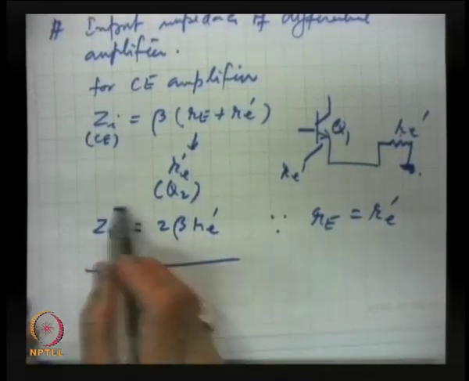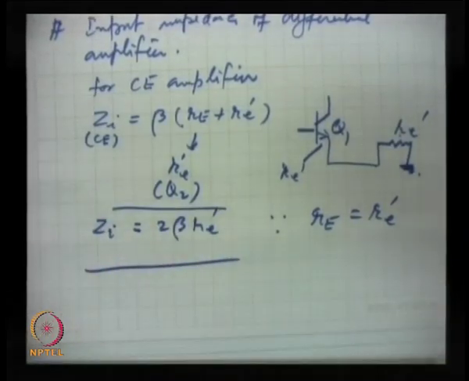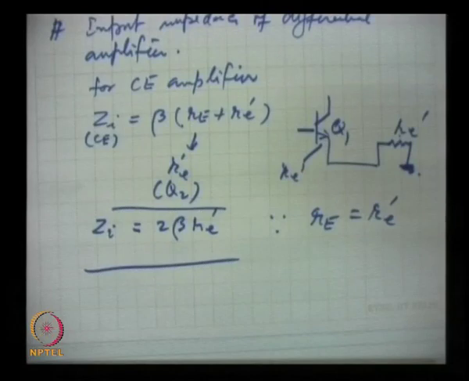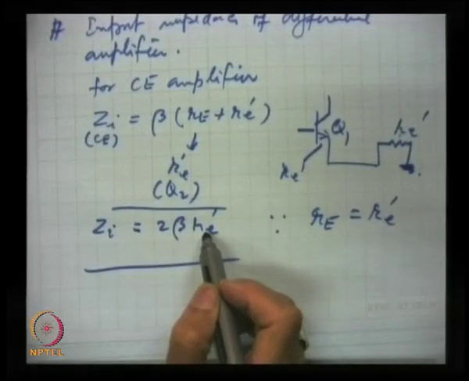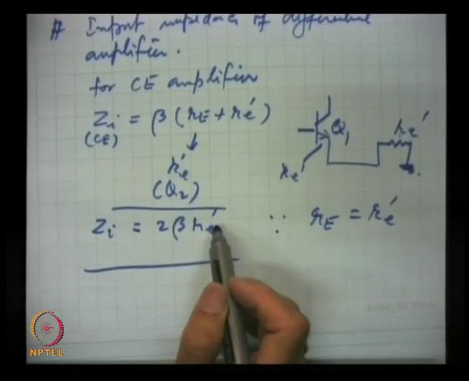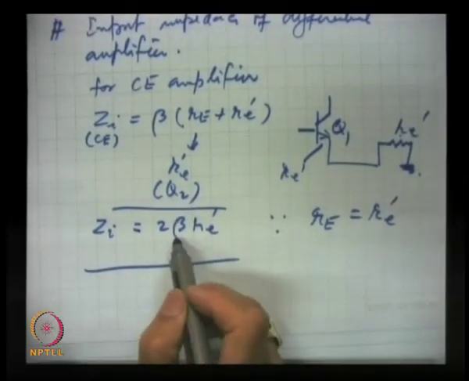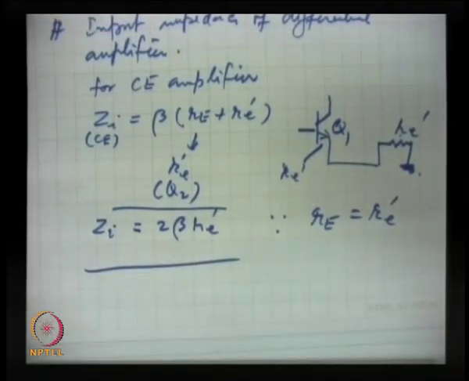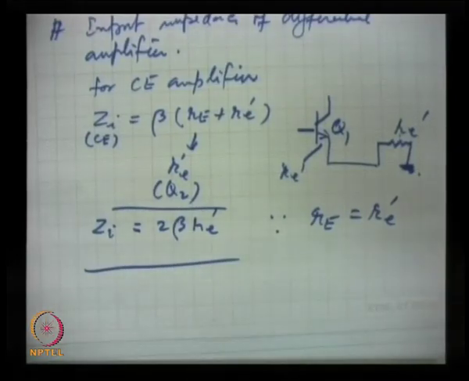So, this is the input impedance. In normal small signal amplifiers having one input, like CB, CE, this RE prime was 25 ohms, but when we multiply with beta, that comes out to be reasonably high, 1 or 2 kilo ohms.